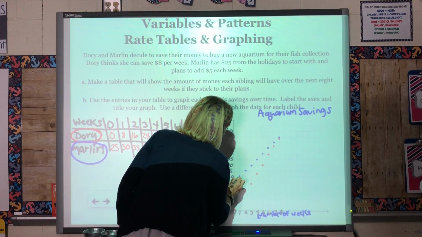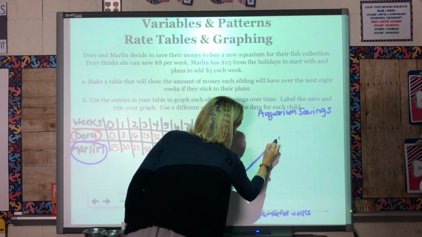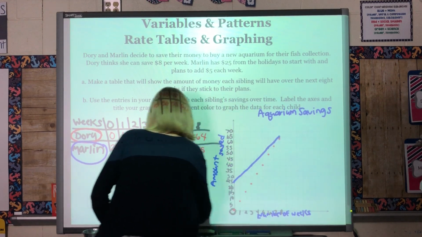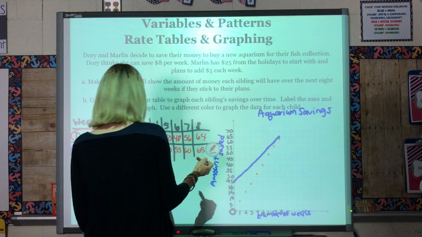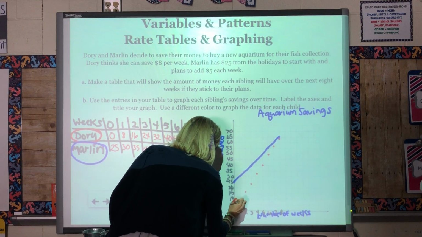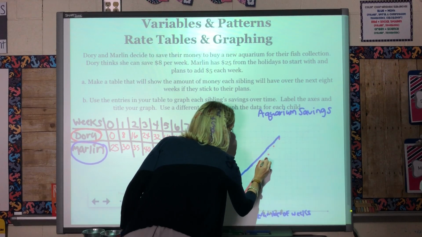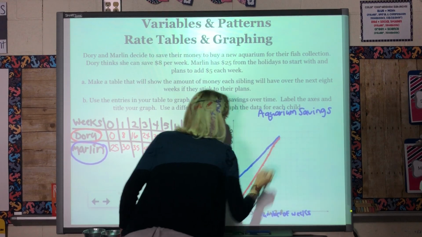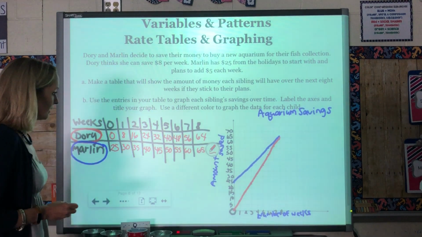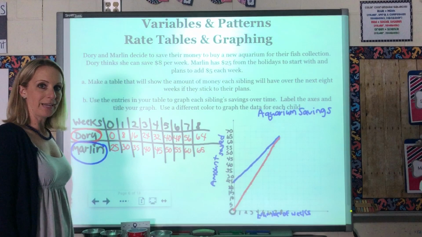First, Marlin, and then Dory's. So that is how you will graph your data after you create a table.